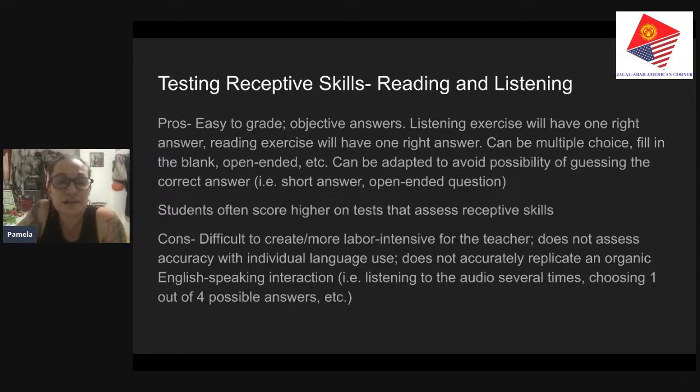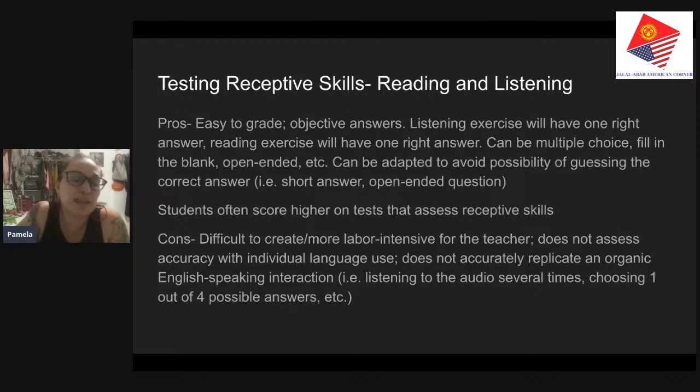So the cons, the disadvantages, are that it's difficult to create these kinds of things. It's more labor intensive for the teacher, and it doesn't assess accuracy with individual language use, right? So we can't just use this by itself and assume that we have all the information about how that student is as a language user of the language.